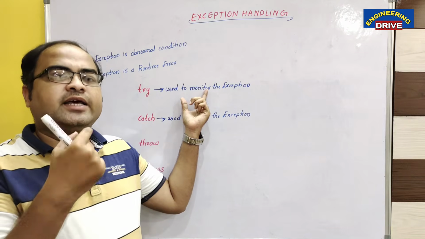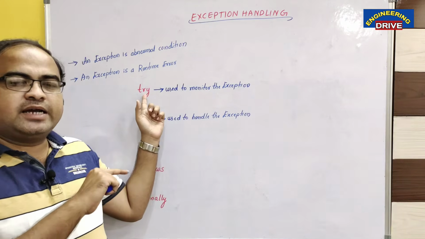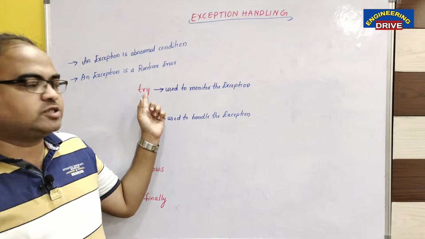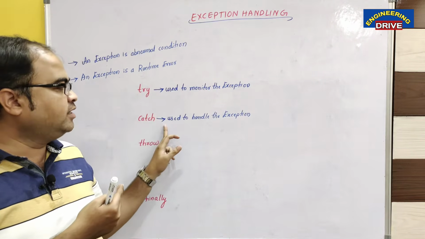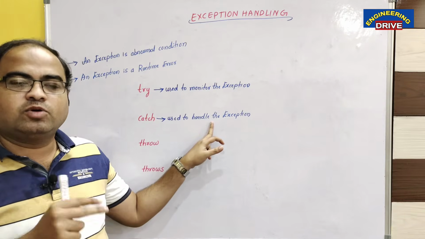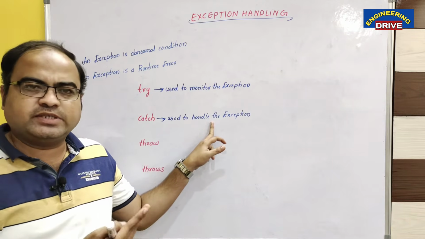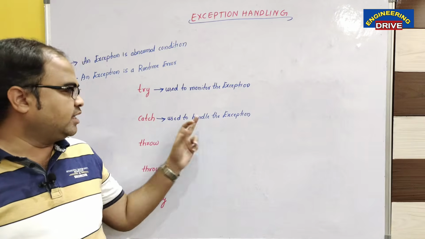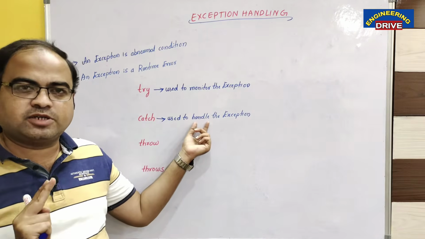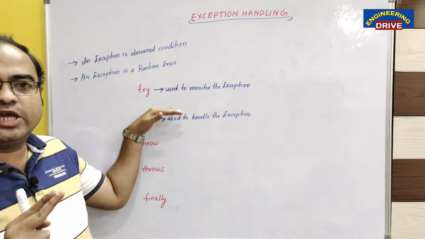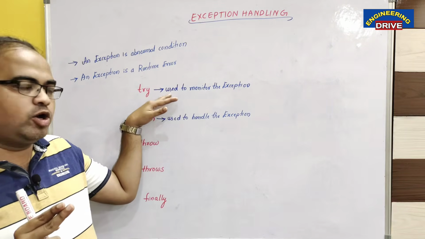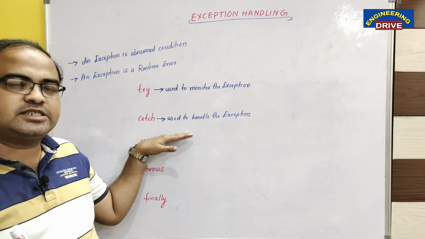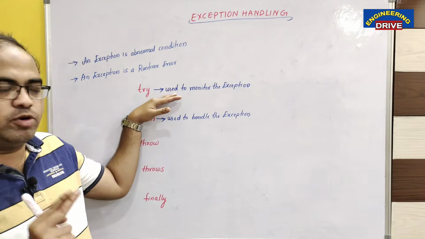If the code contains any runtime error, then that information will be passed to the catch block. Now the catch block will catch that information and handle that exception, by displaying a message on the screen or by using any other method. So try and catch communication should be there. The code that can generate the error should be kept in the try block, and the catch block will handle that exception by communicating with the try block.